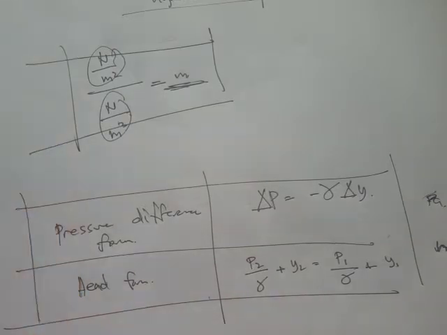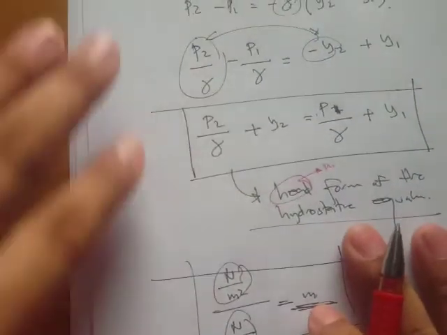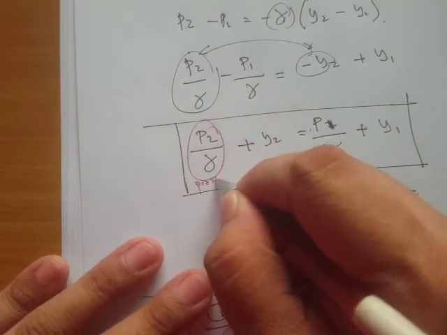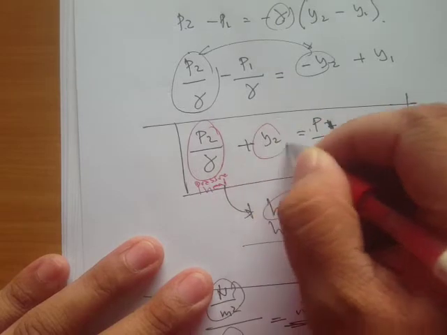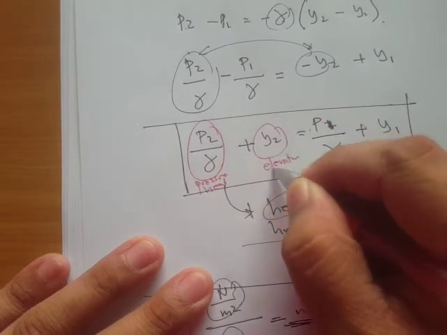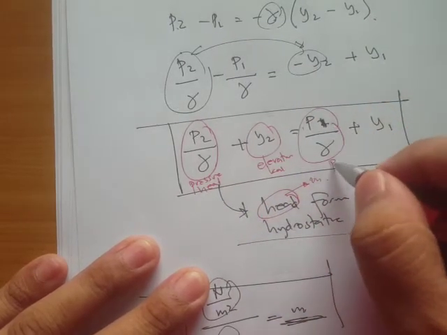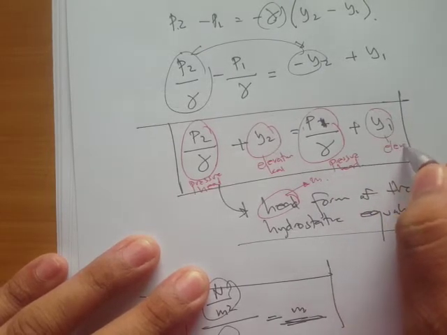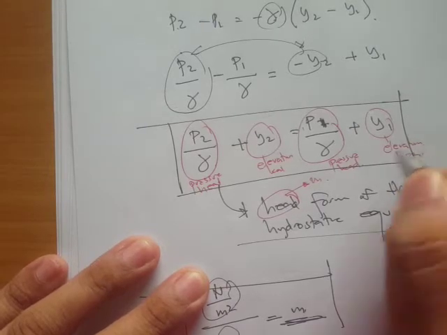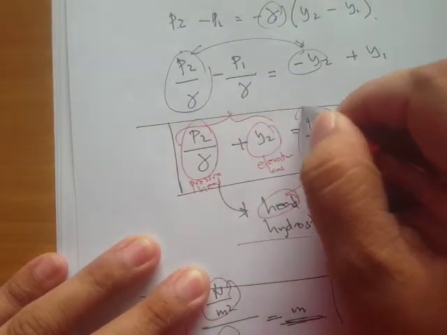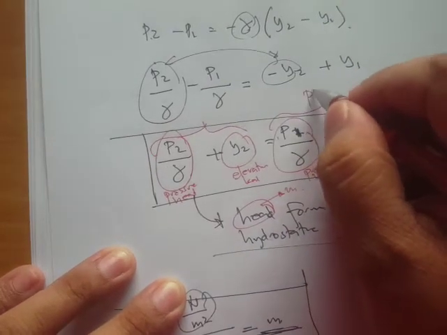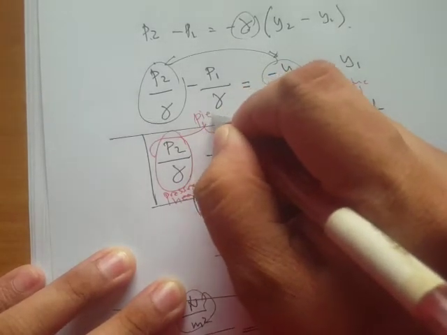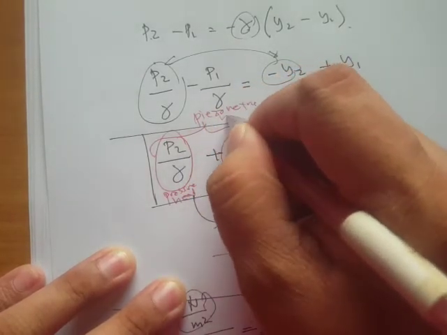Okay, so the explanation of this head form is that this term right here is what we call the pressure head, and then this one is called the elevation head. Again, this one is pressure head at point 1, then this one is elevation head at point 1, and the sum of this is what we call the piezometric head. This one too, piezometric head.